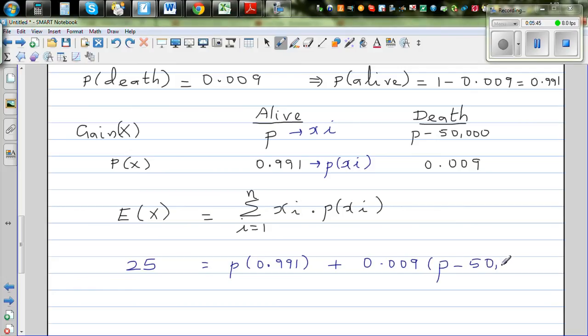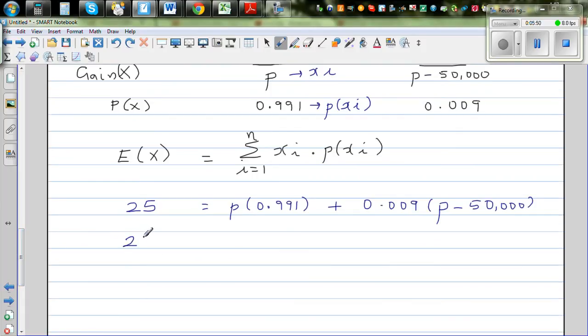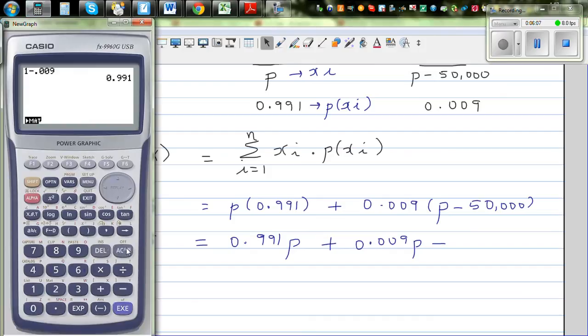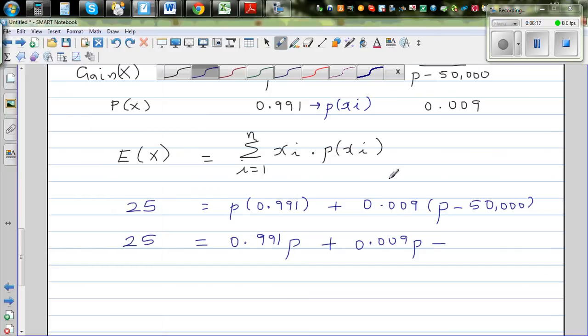Let's do a little algebraic manipulation. Let's expand this bracket. So 25 is 0.991P plus 0.009P minus 50,000 times 0.009, which is 450. I just expanded the bracket.